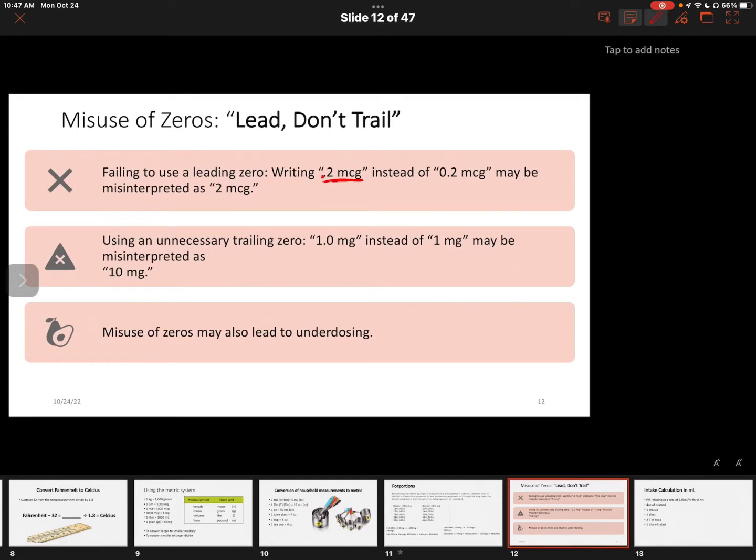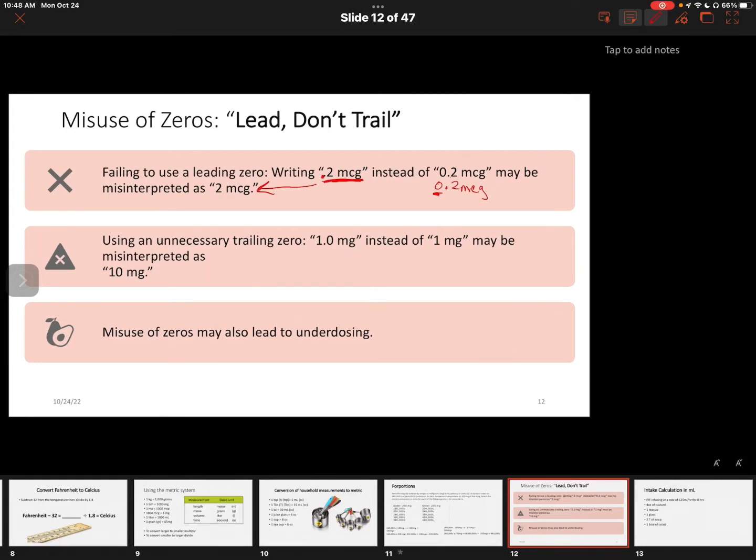And this ends up looking like 2 micrograms. We definitely know that there's a difference in medication doses between 0.2 and 2 micrograms. So if you have a problem that ends up being 0.2, make sure you put the 0 in front of that dose so that we can understand that it's not 2 mics, that it's 0.2.